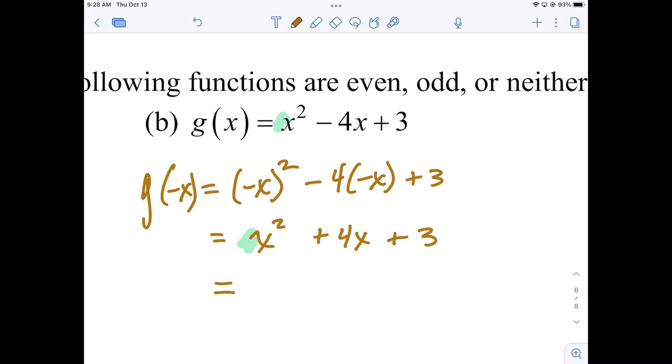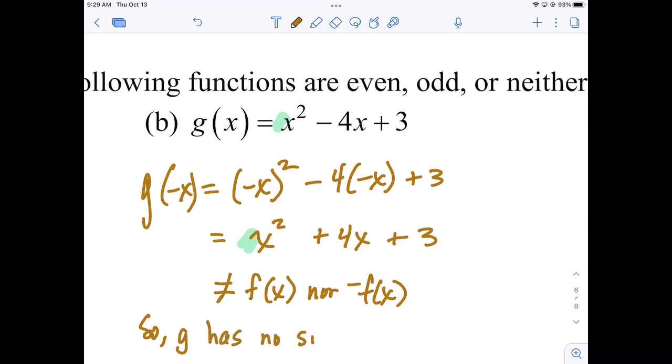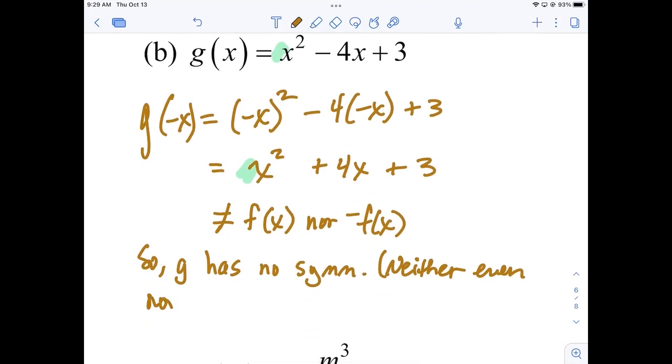So you could just say this is not equal to f of x, nor negative f of x. So g has no symmetry. That means it's neither even nor odd.